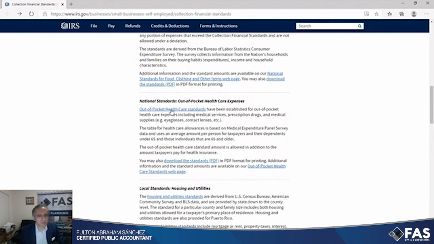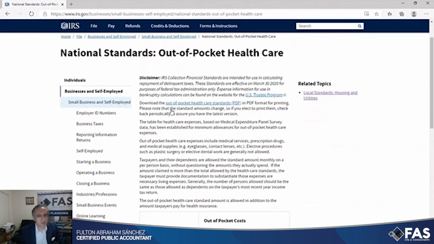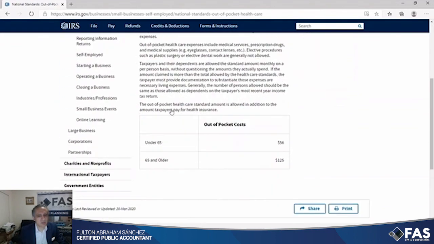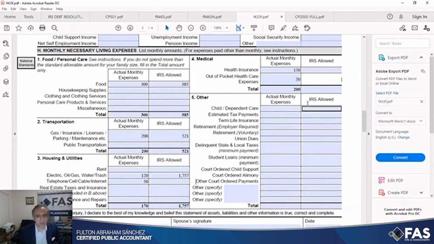Out-of-pocket care is 56. So I think that I am below the limit. 56 and 150.